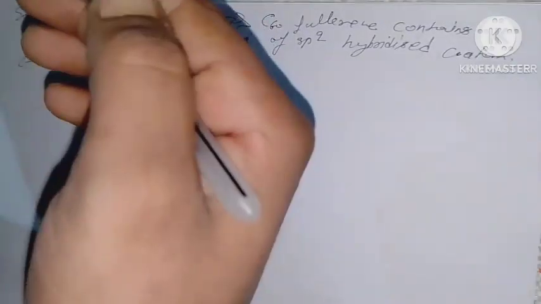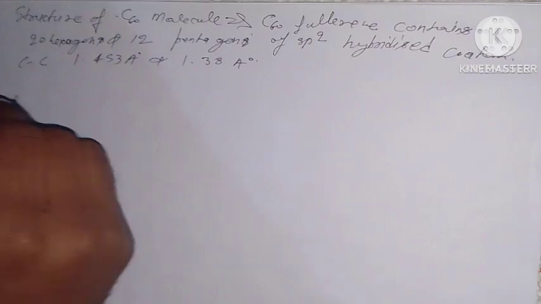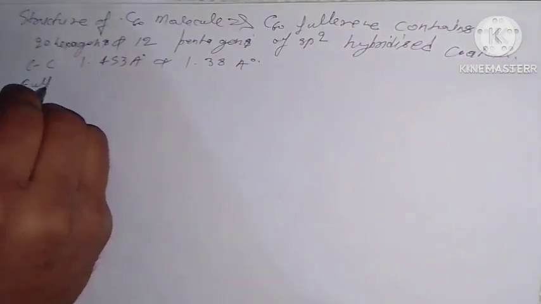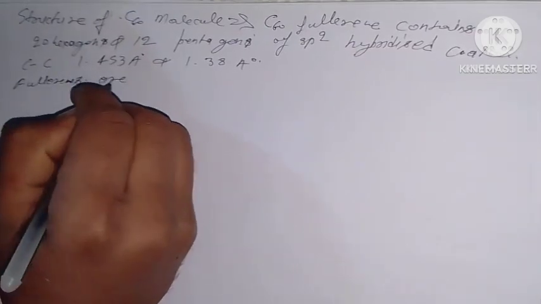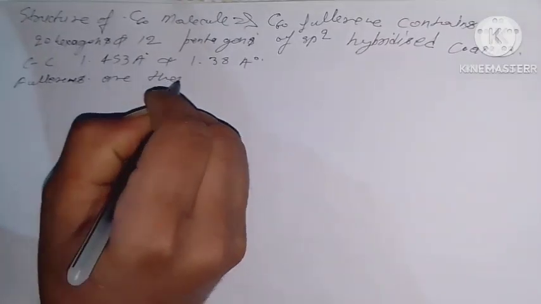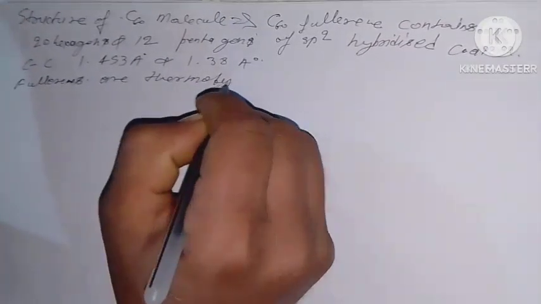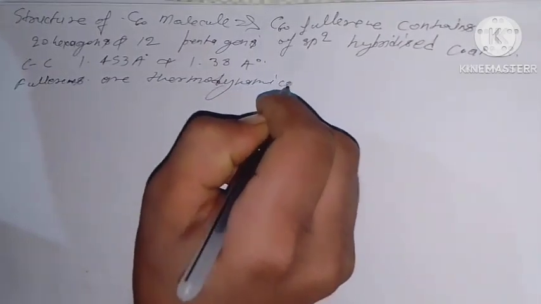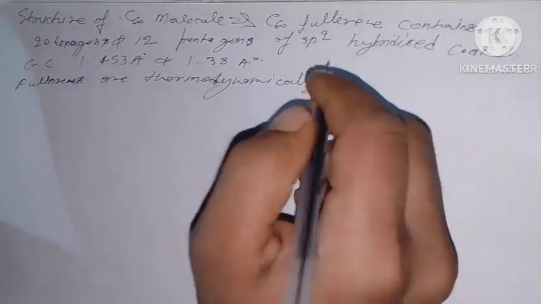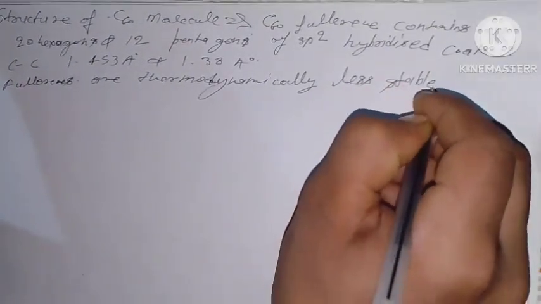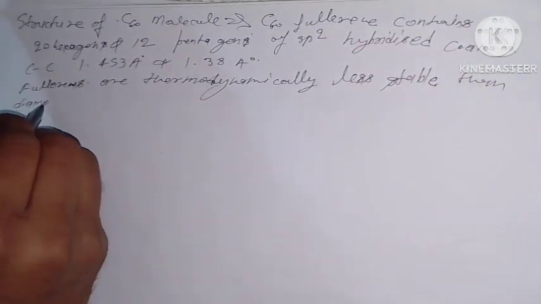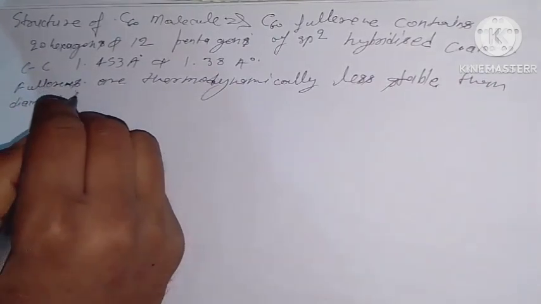However, fullerenes are thermodynamically less stable than diamond and graphite.